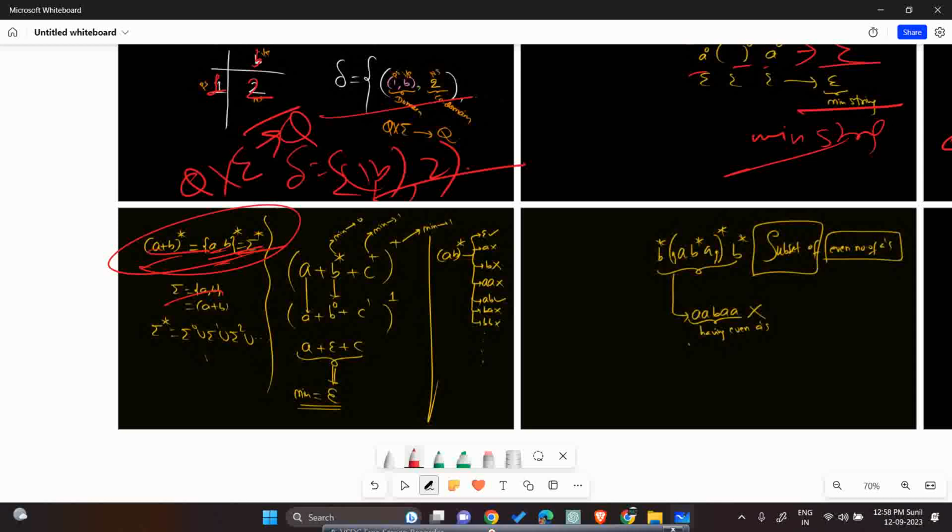And epsilon is equal to AB, A plus B. We can represent these two as similar. Epsilon star is epsilon 0 union epsilon 1 union all the unions. So epsilon 0 will be epsilon itself, and it will be A, B, and so on.